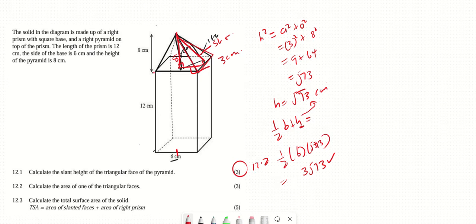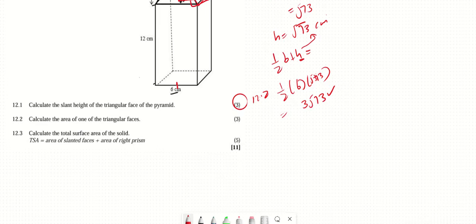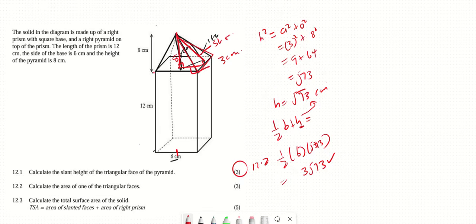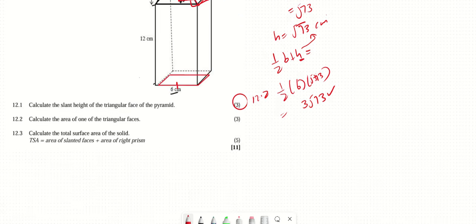Next, calculate the surface area of the solid, which is the total surface area of the slanted faces and the area of the right prism. Now remember, because the pyramid is joined here, there is no top side on the prism, so we take the area of the base, which is only 1, and the area of these walls, which is 4 of them. How many slanted faces are there?